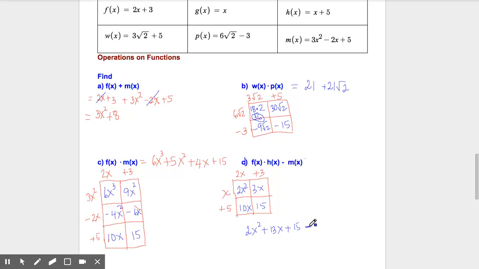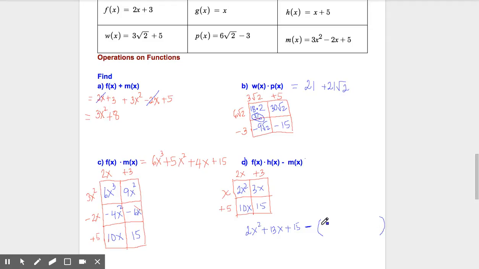And we will subtract because m of x is 3x squared minus 2x plus 5 because this has three terms. It's a trinomial. So we want to put parentheses around the trinomial to indicate that we are subtracting this whole thing from this product.